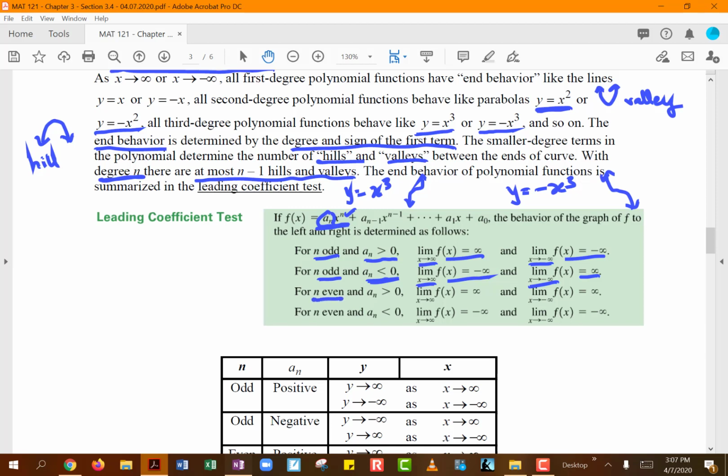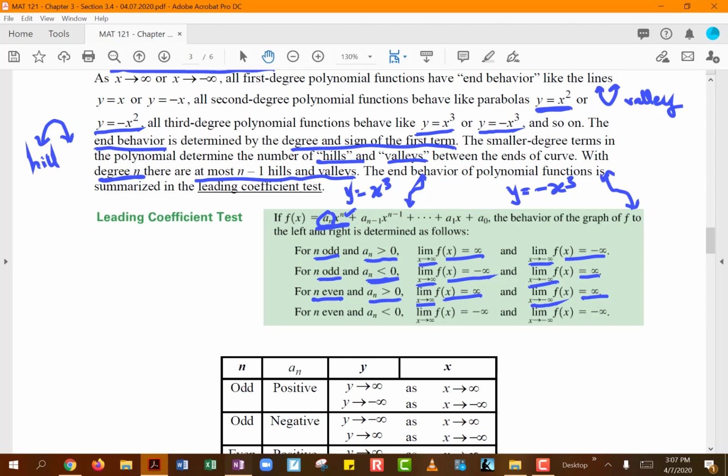Now if you have an even function, like a 2nd degree polynomial, 4th degree polynomial, 6th degree polynomial, and you have a positive leading coefficient, that means when x goes to positive infinity, your function goes to positive infinity. When x goes to negative infinity, your function still goes up to positive infinity.